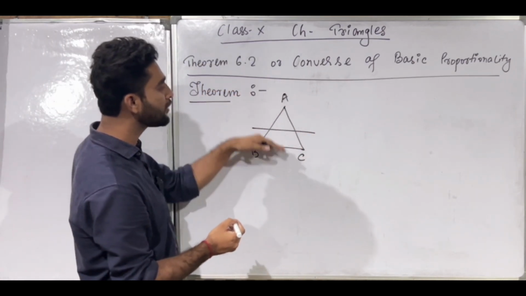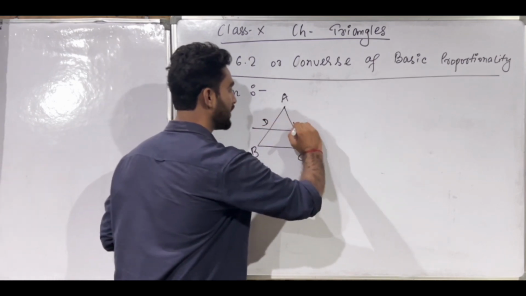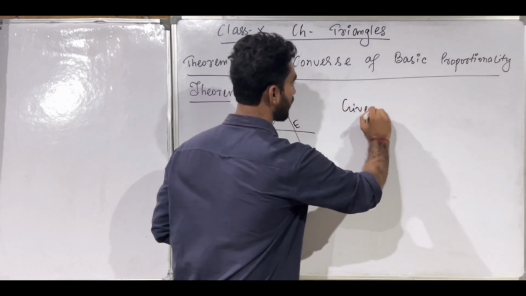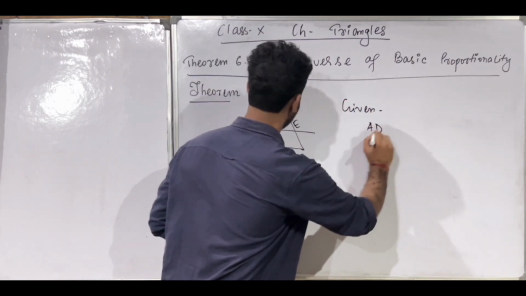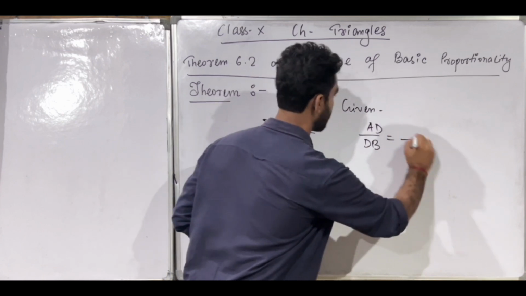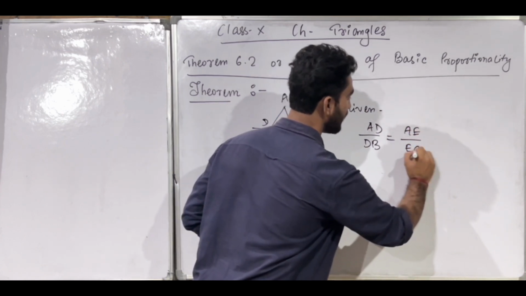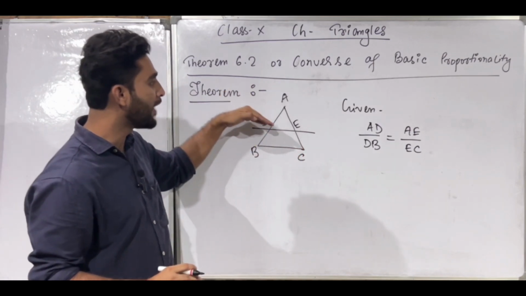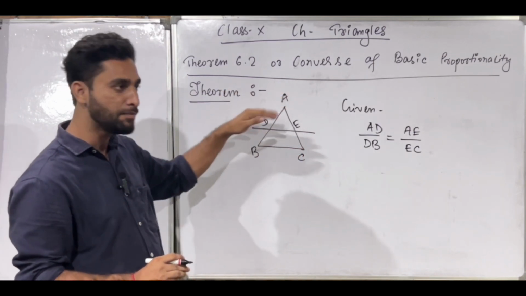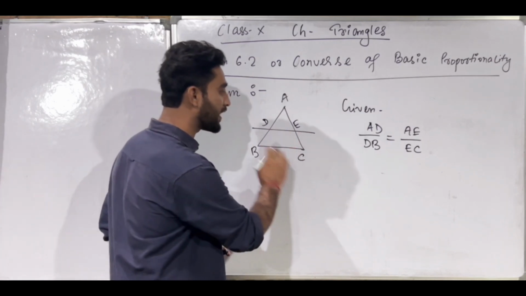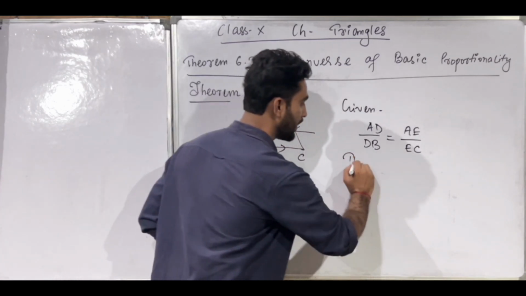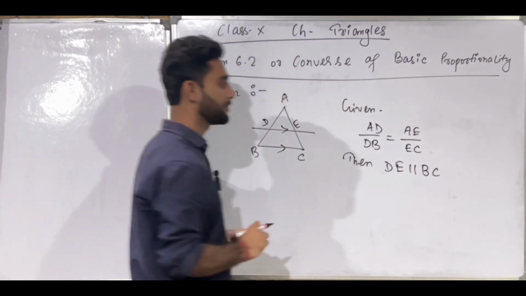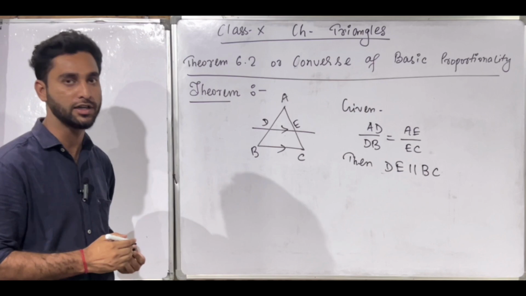The line divides the two sides at points D and E. What is given here is that AD divided by DB is equal to AE divided by EC. According to the converse of the basic proportionality theorem, if a line divides any two sides of a triangle in the same ratio, then this line must be parallel to the third side. Then DE will be parallel to BC.